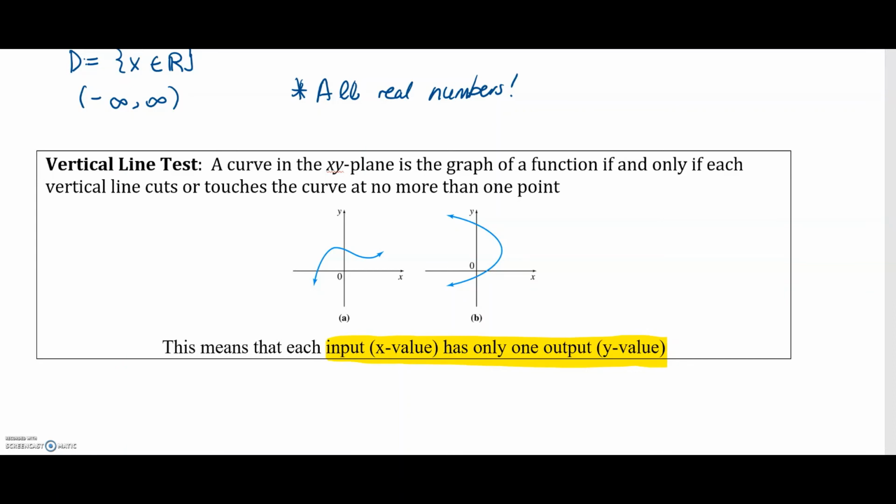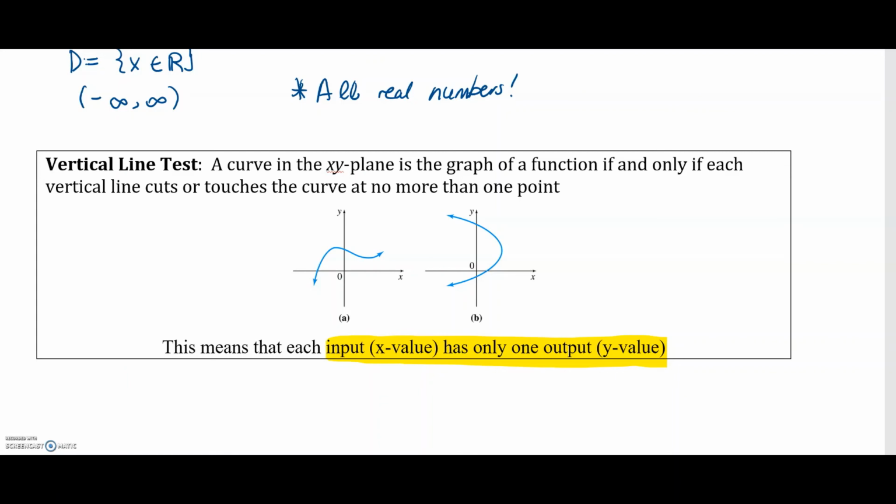If we take a vertical line, and I often just use my pen or a ruler, you can slide your pen or ruler across the graph, and your graph is a function as long as, for each value of x, your vertical line only crosses the graph once.